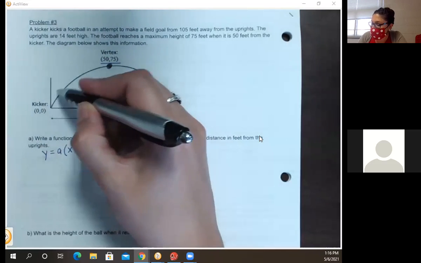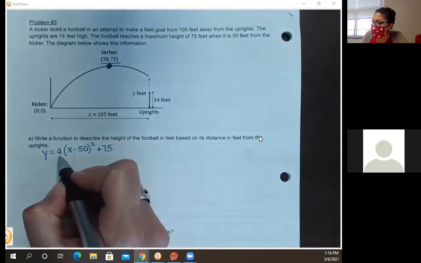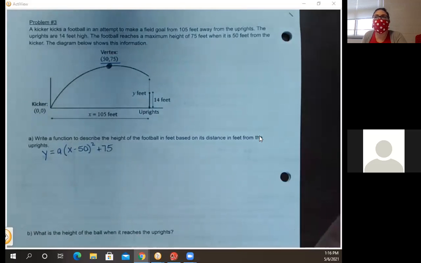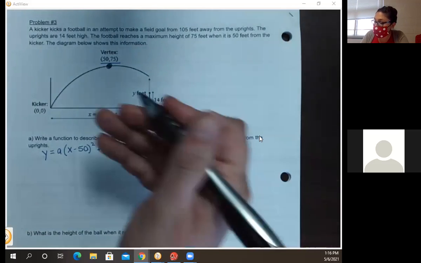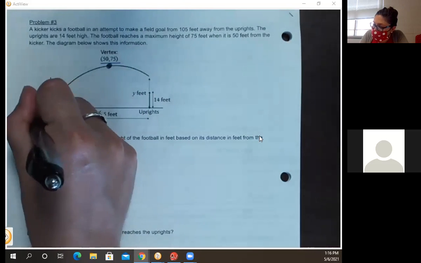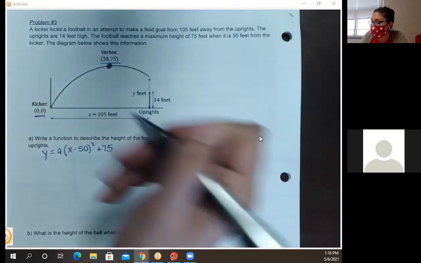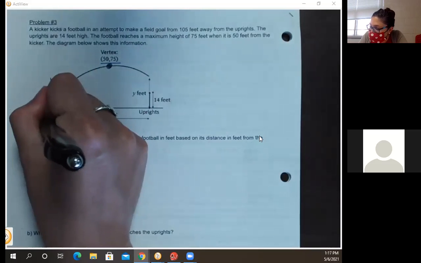Now, based on the shape of my parabola, I know that the lead coefficient should be negative, but I don't know the value. So is it -1? Is it -5? Is it -0.0842? That's the part I don't know. But we can figure that out because we know another point on this parabola. So since I know another point on this parabola, I can actually plug in these x and y values.